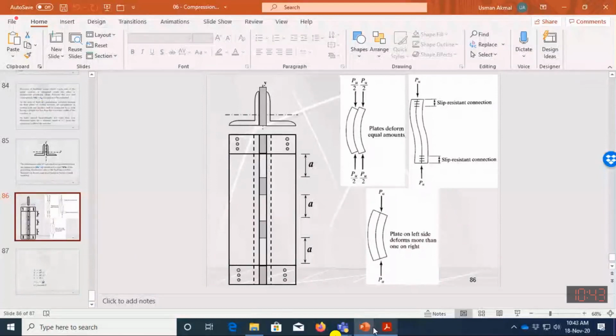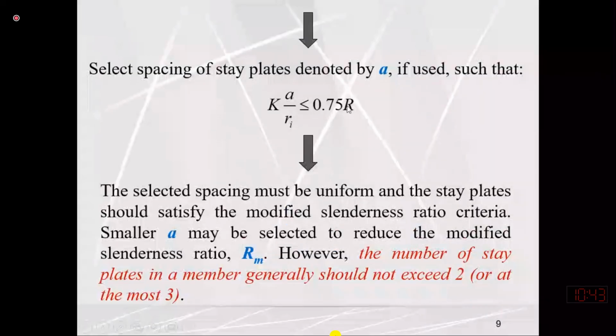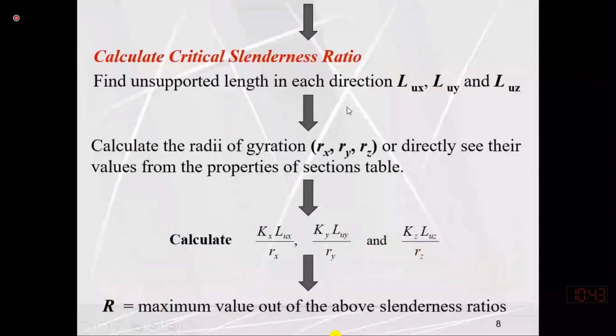So how can we control this? By assuming this thing. R value we already know. Actually, in the case of the built-up section, we always use the R value, the slenderness ratio about the y-axis, because we need to compute. Sorry, you can take the larger value out of this. I will discuss this later because it will be confusing here.